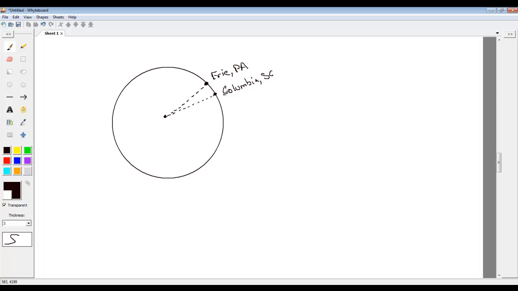Okay. Now the latitude of Erie is 42 degrees north, while the latitude of Columbia is 34 degrees north. Okay, what that means is, if you looked at where the equator would be on the Earth, 42 degrees north is the angle from the equator that Erie, Pennsylvania is situated at. 34 degrees north is the angle from the equator for Columbia, South Carolina.